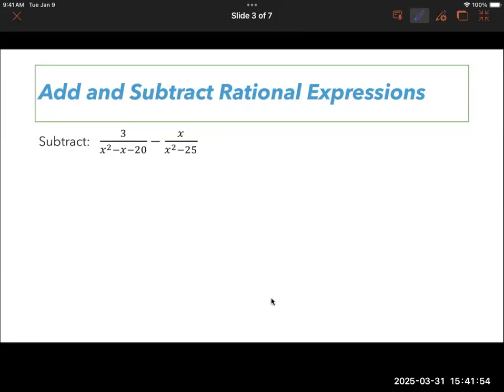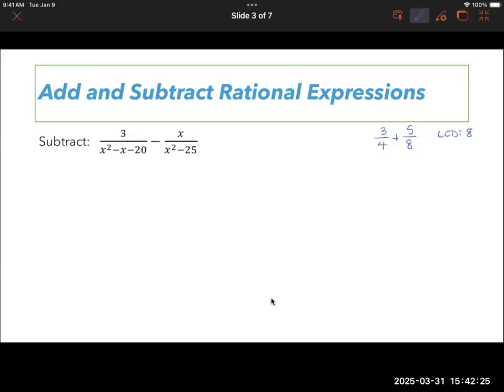So for adding and subtracting, for example, if I had 3/4 plus 5/8, one of the things we know is that we need to get a least common denominator, which is just the least common multiple of the denominators. The least common denominator for 4 and 8 would be 8.